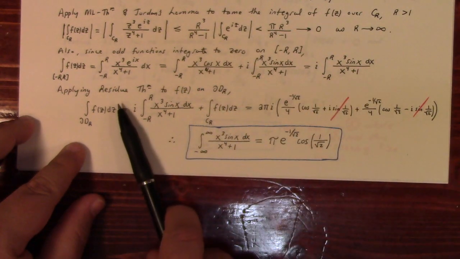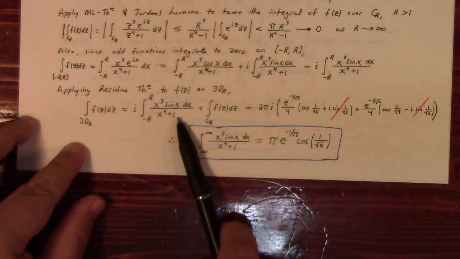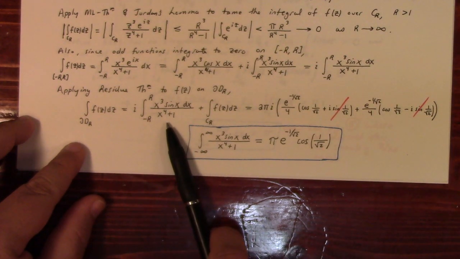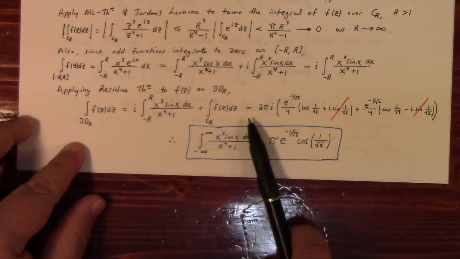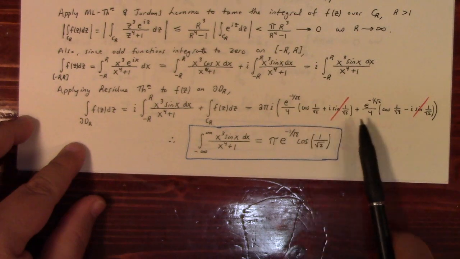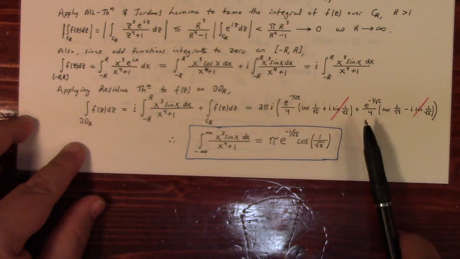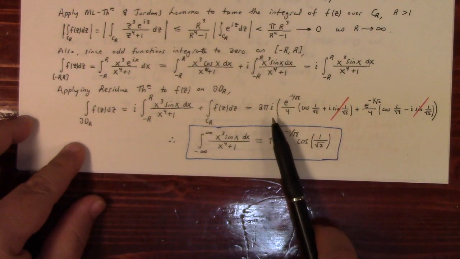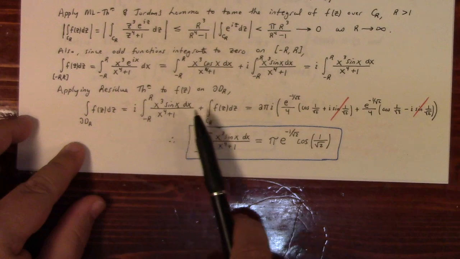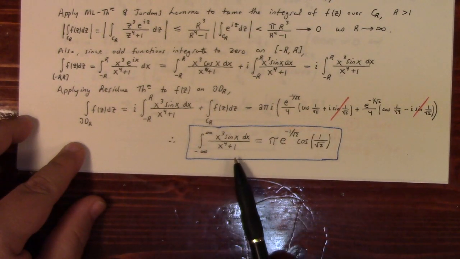And so then applying the residue theorem, we get i times the integral of the x cubed sine x over x to the 4th plus 1 plus the integral of the piece which we know goes to 0 is equal to 2 pi i times the sum of the residues. That and that cancel, and then you notice there's an i here, but there's also an i here, so those i's cancel, and that leaves us with integral from -infinity to infinity.